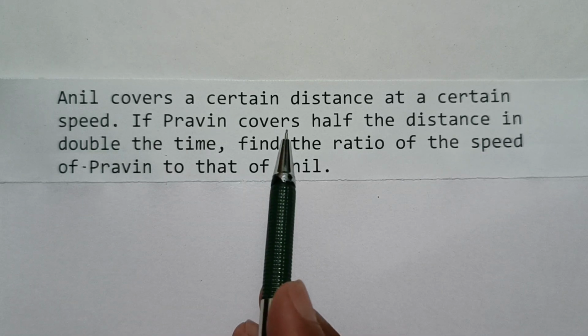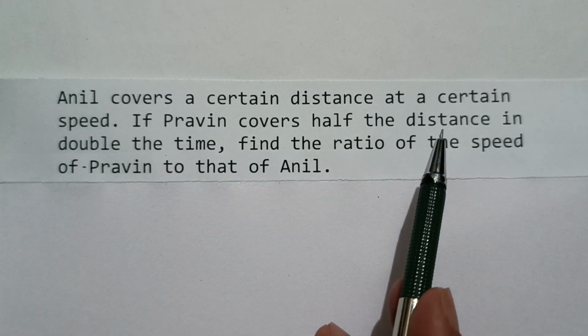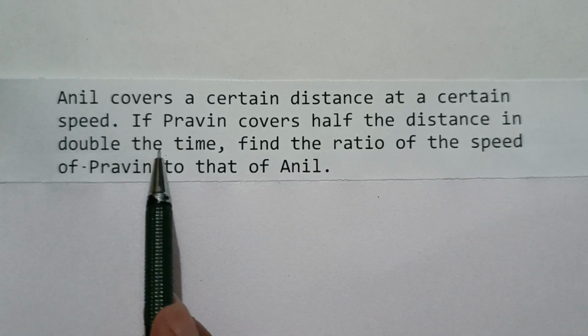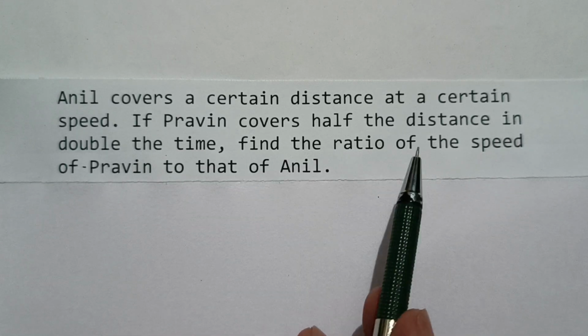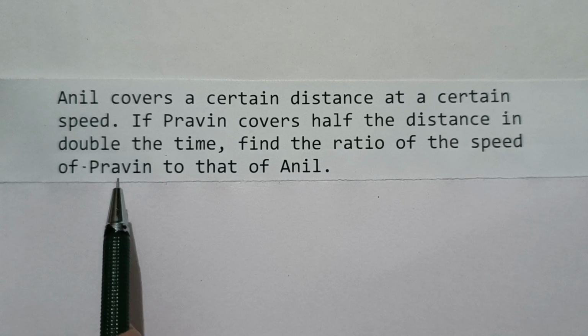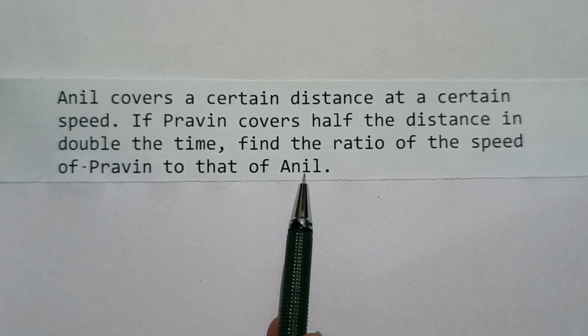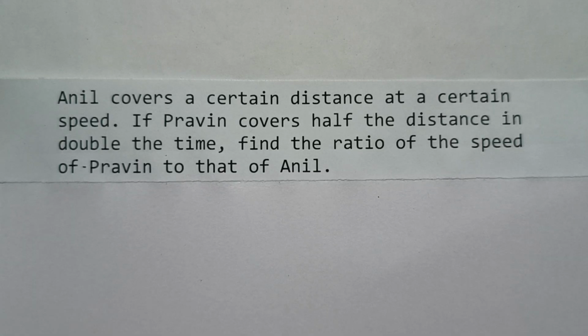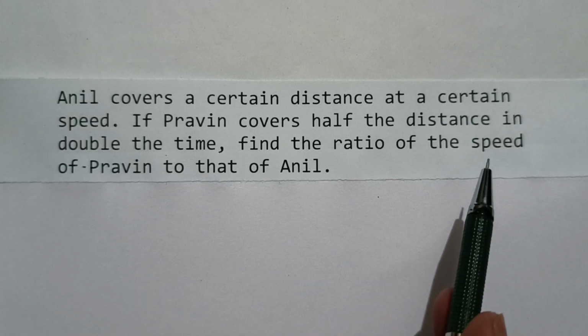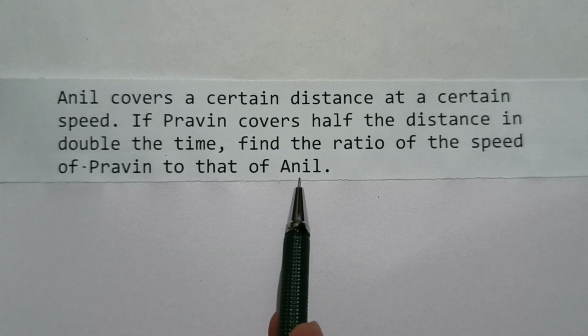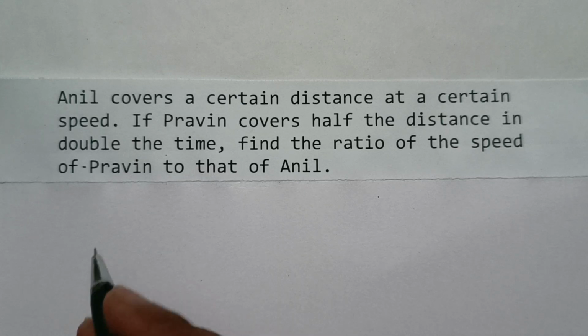If Praveen covers half the distance in double the time, find the ratio of the speed of Praveen to that of Anil. So in this question, we have to find the ratio of the speed of Praveen to that of Anil.